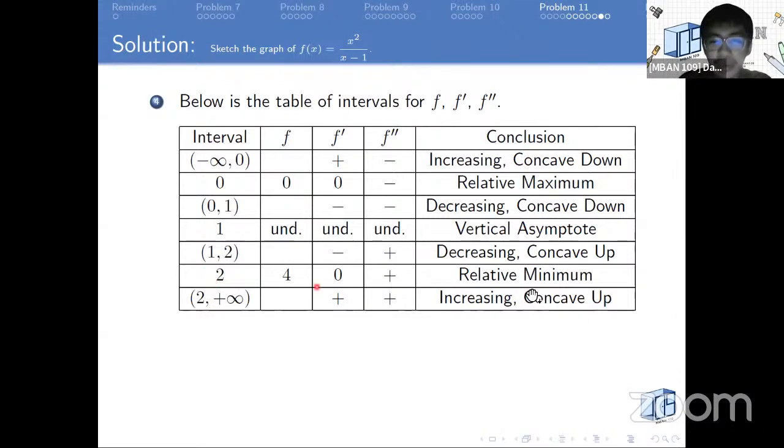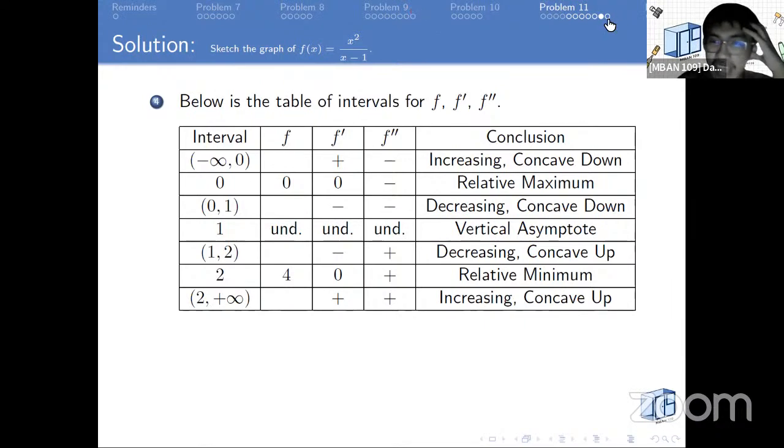Ganun din dito sa x equals 2. Hindi siya point of inflection kasi concave up ito, tas concave up dito, tas concave up din dito. Tas dito, concave down to, tas concave up naman dito. So at first glance dapat point of inflection, pero hindi siya pwede kasi undefined siya dito at x equals 1.